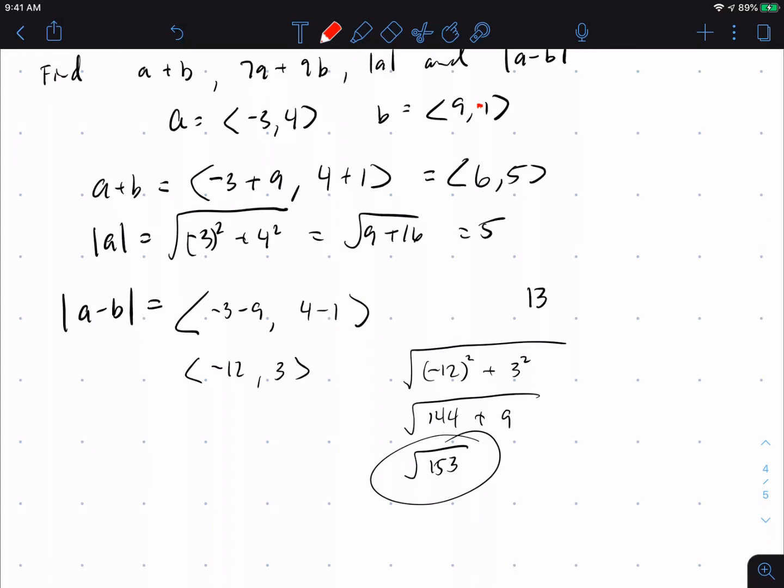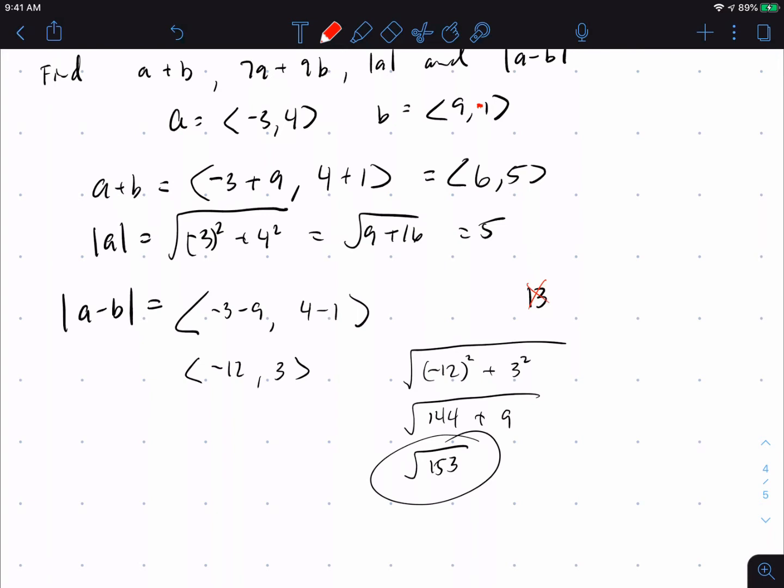Does that make sense? That's why this isn't 13, because I left out the negative. So the problem that we just did with 1 being positive is square root of 153. But you guys get the process, right? Yeah. Okay, that's what matters.